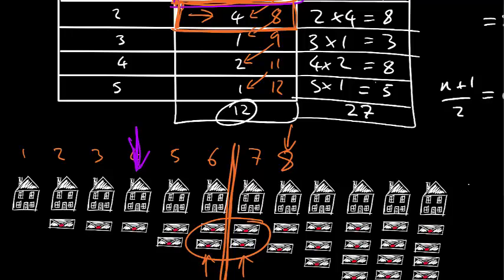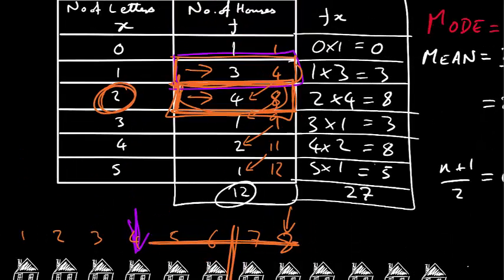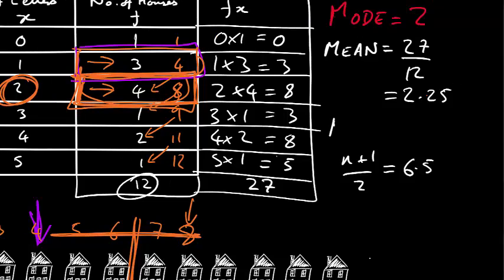So we know that the median value must lie in this box here, which means it must lie in this row of houses here. And all these houses were given 2, so therefore 2 is our median. So the median is equal to 2. Hopefully that makes sense.